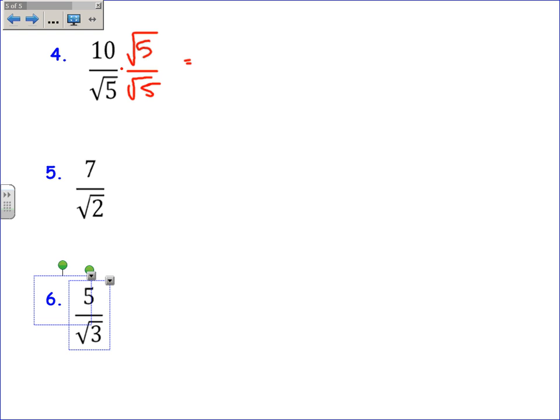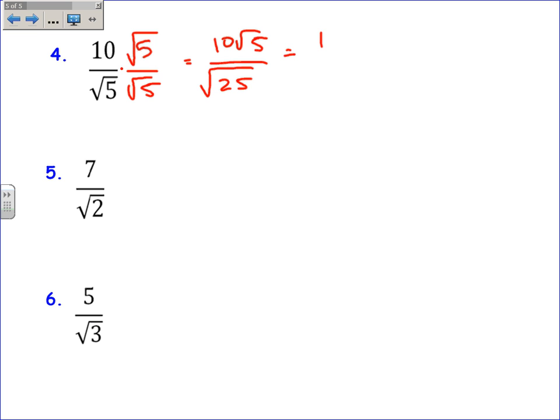Okay, so up here I get 10 times root 5 is 10 root 5. Root 5 times root 5 is root 25, which is 5. Simplify this down to be 2, and I get 2 root 5, which I think you'd agree is simpler than 10 over root 5, which we started with.